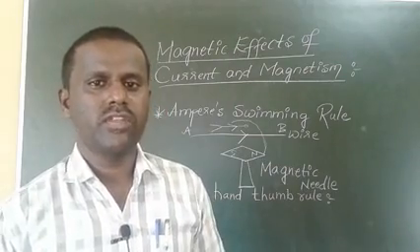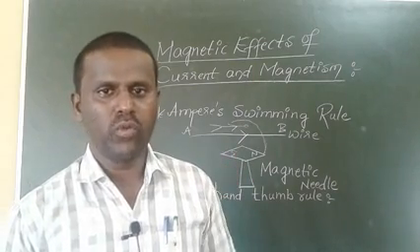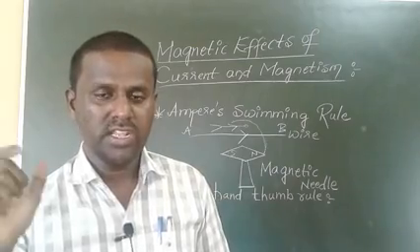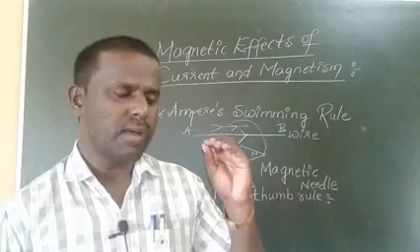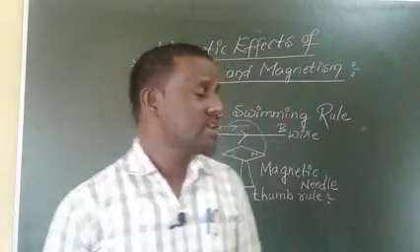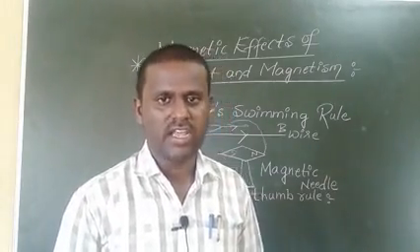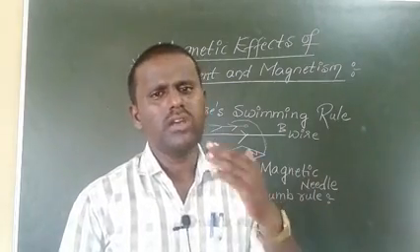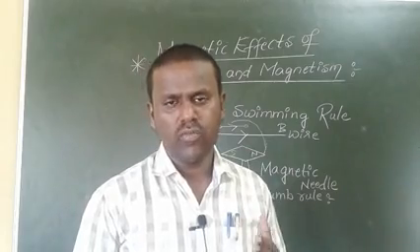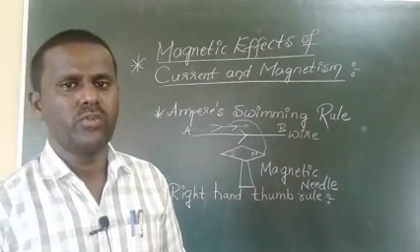Those effects make you believe that there is an attractive force, or there is a repulsive force. So some kind of force is present in the surrounding region of the wire carrying an electric current. So what it is said, whenever a current flows through a wire, magnetic effects are produced.